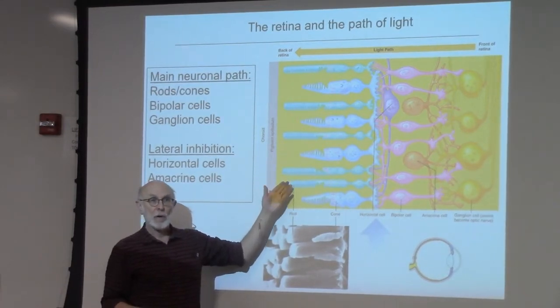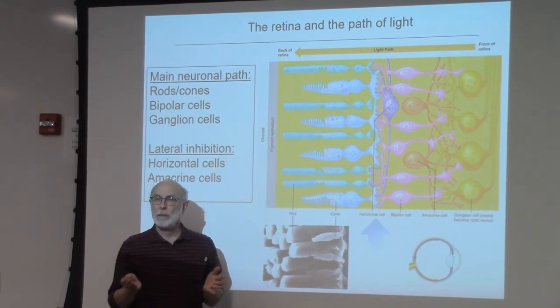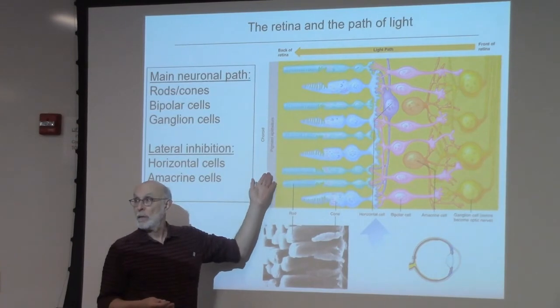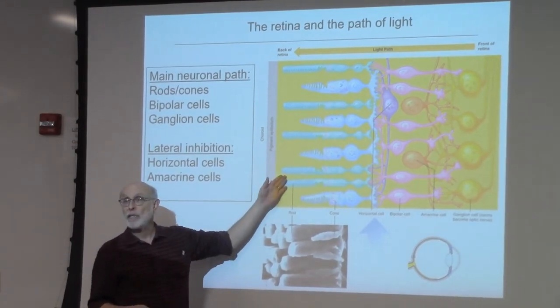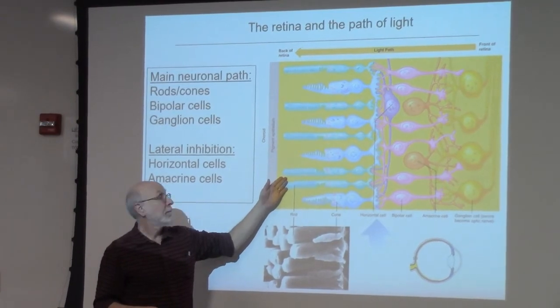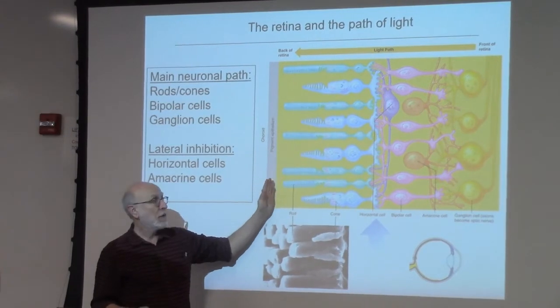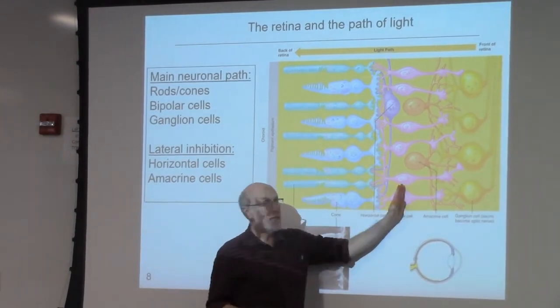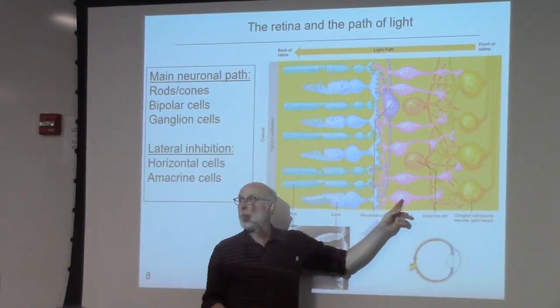Rods are for black and white vision, high acuity vision, dim light vision, not color vision. Cones are for color vision, and our cones are mostly in the fovea. Rods and cones, photoreceptor cells, and we'll talk about phototransduction in a minute. The next cell type in the pathway is called the bipolar cell.